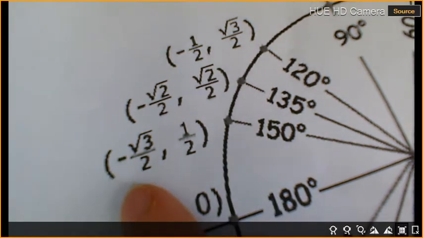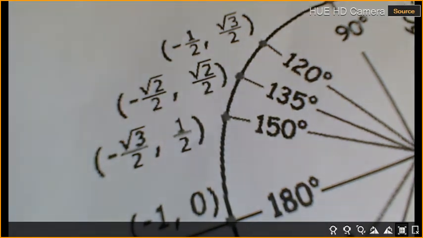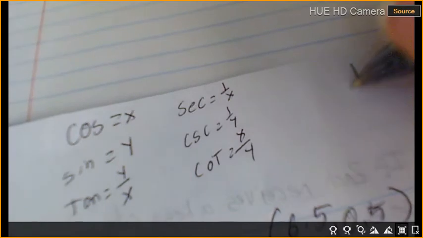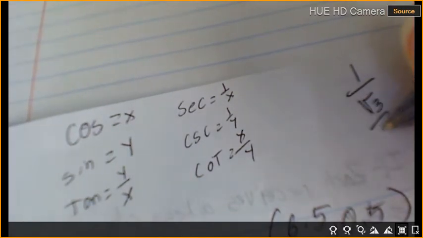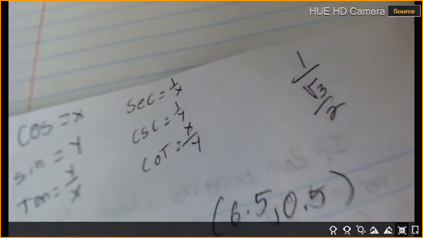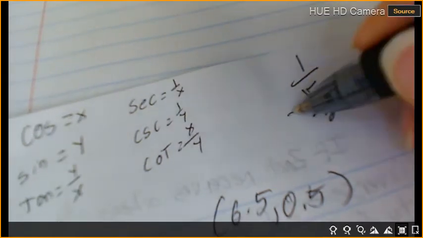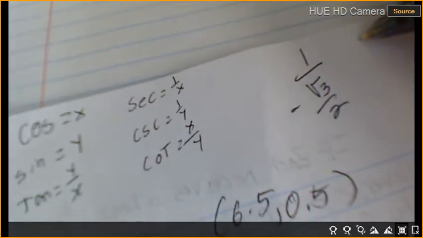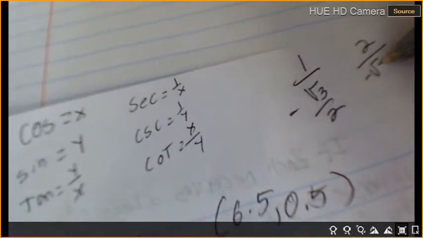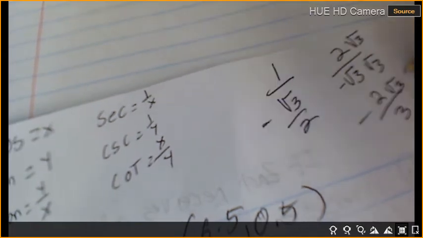So I know that's 1 over square root 3 over 2. Okay? So this is when I got to write it down. I've got 1 over square root 3 over 2. Okay? And it's negative. So I've got to flip that. So I've got 2 over negative square root 3. I multiply the square root 3 by the top and the bottom. I get 2 square root 3 over 3, and it is negative.